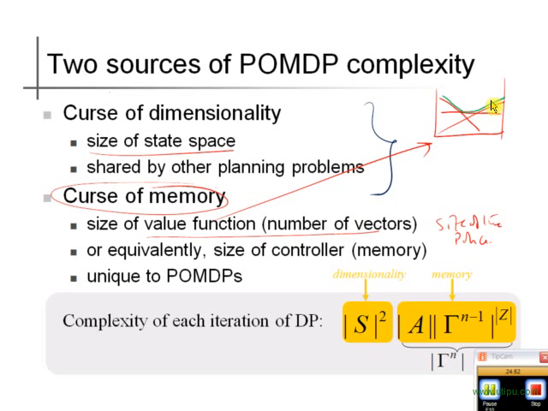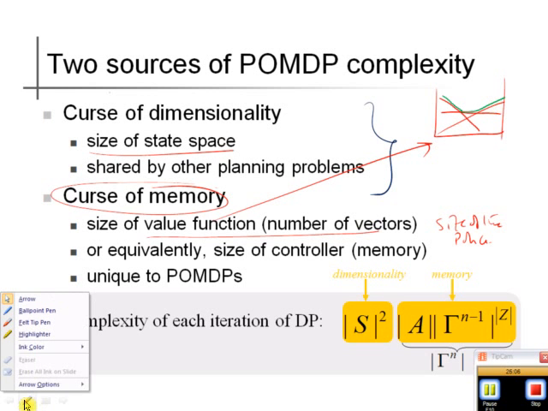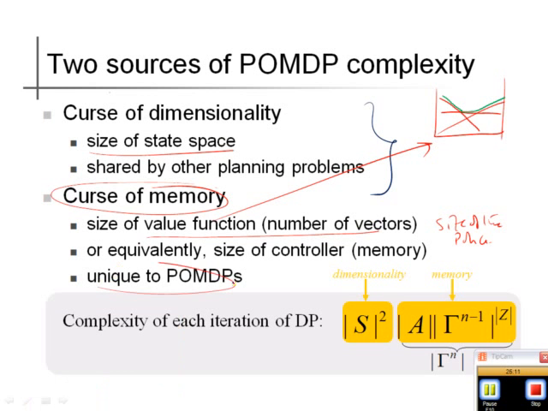For infinite horizon, actually, the value function may not even be representable in finite memory. So there is this issue of curse of dimensionality as well as curse of memory, and the curse of memory is something that you have to worry about only for POMDPs, because we never had to deal with it for MDPs, because you essentially had the full state in front of you.